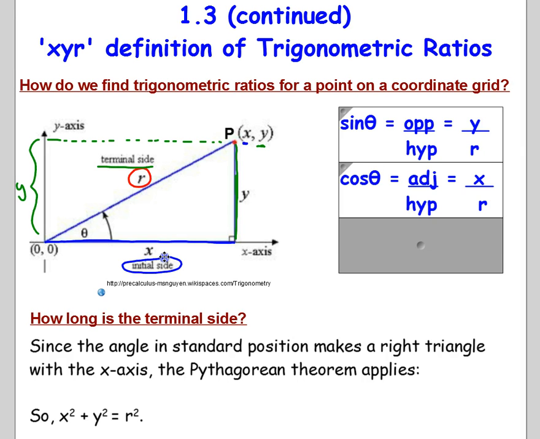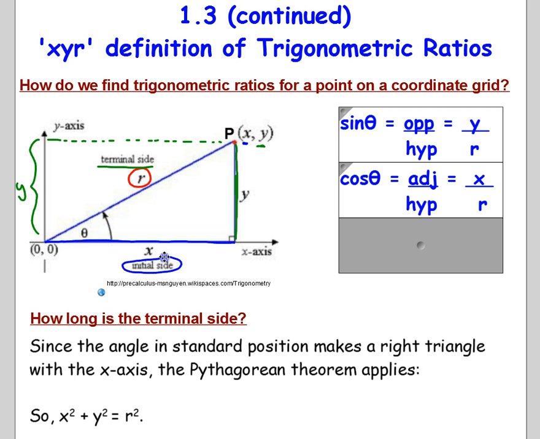Now the cosine we know to be the adjacent over hypotenuse, and that still works well here for this situation, except now the adjacent side is going to be our x-coordinate, which is along the base of the triangle, and our hypotenuse, again, still the terminal side length, which is r.